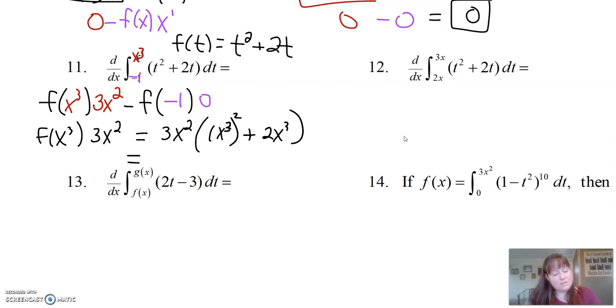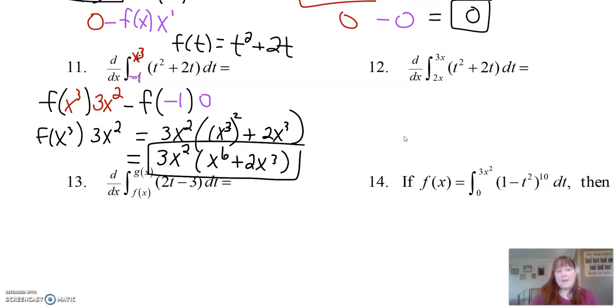We'll simplify that a tiny bit: 3x squared times x to the 6th plus 2x cubed. I think that's simple enough. So that's that whole thing evaluated at those limits of integration.